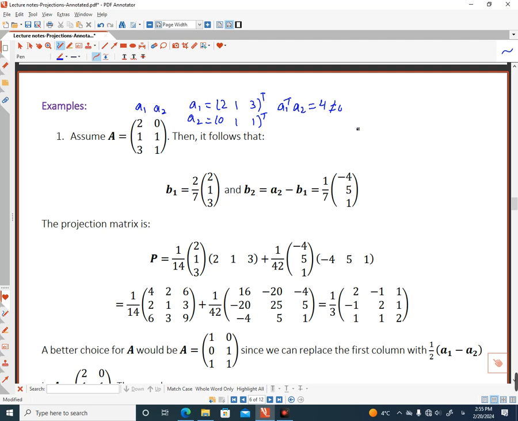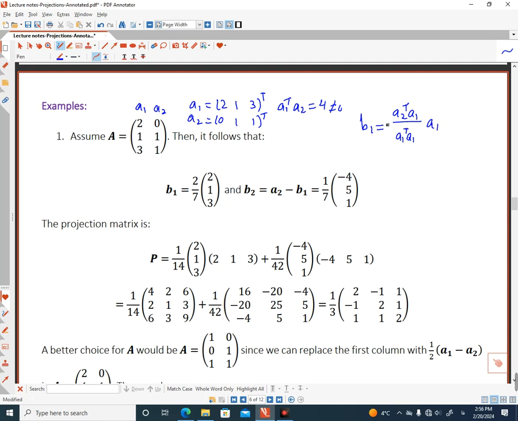And we then define B1 as we had in the previous videos, A2 A1 divided by A1 square length times, this is the coefficient, and this is A1.